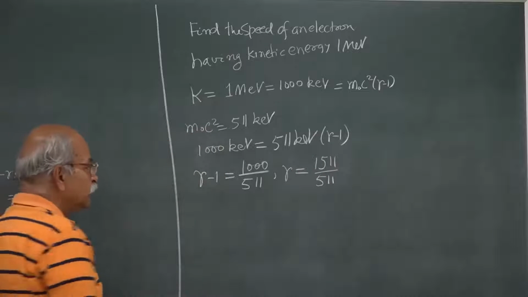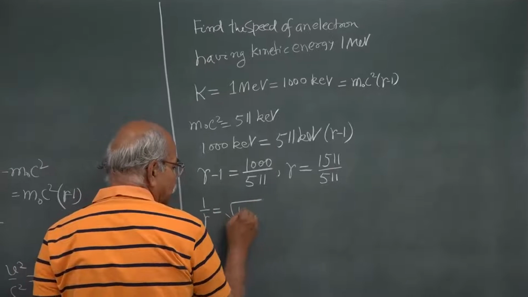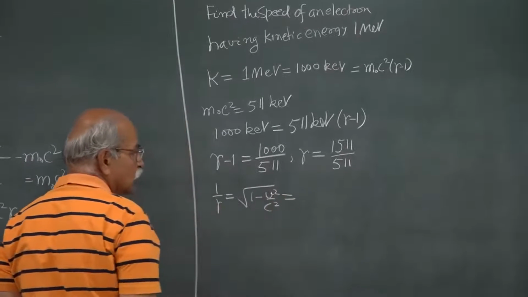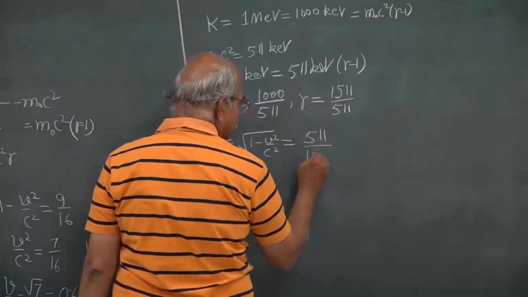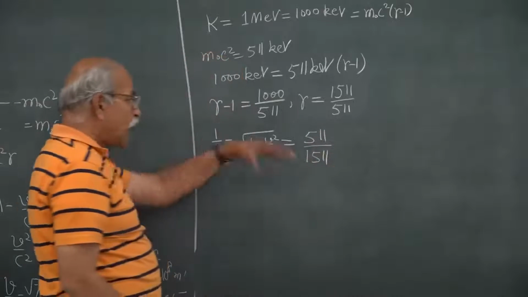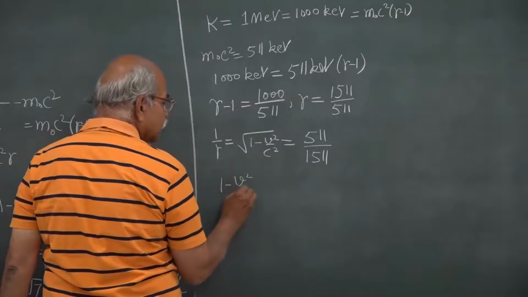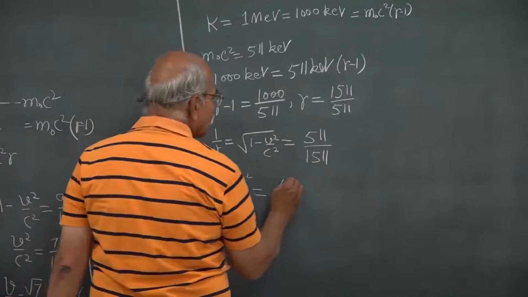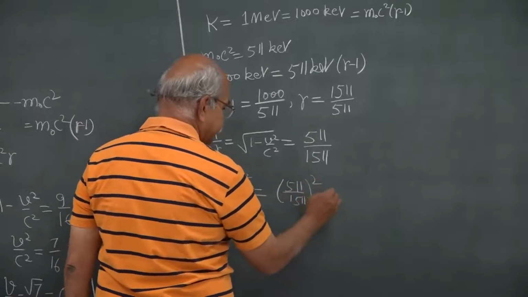And then you can write 1 by gamma, which is square root of 1 minus v square by c square, and that is equal to 511 divided by 1511. So squaring, 1 minus v square by c square is 511 by 1511 whole square.